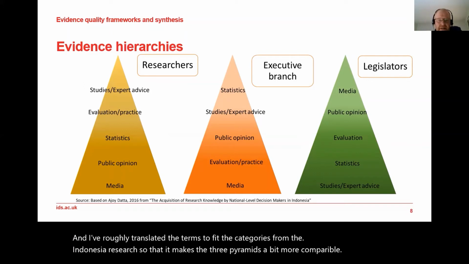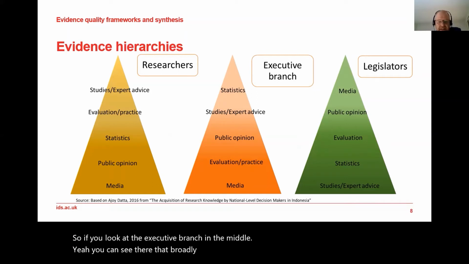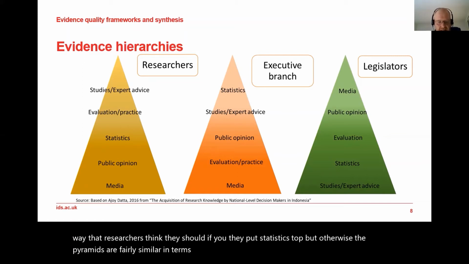So if you look at the executive branch in the middle, you can see there that the executive branch broadly values evidence in the same way that researchers think they should, if you like. They put statistics top, but otherwise the pyramids are fairly similar in terms of the hierarchies there.